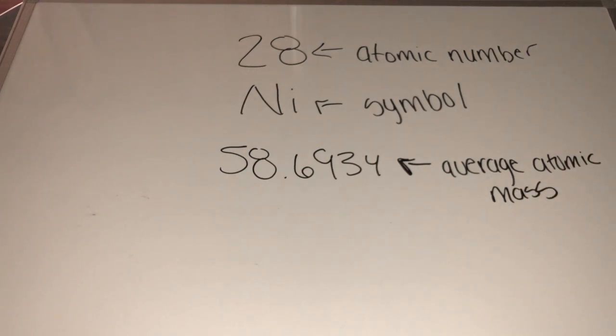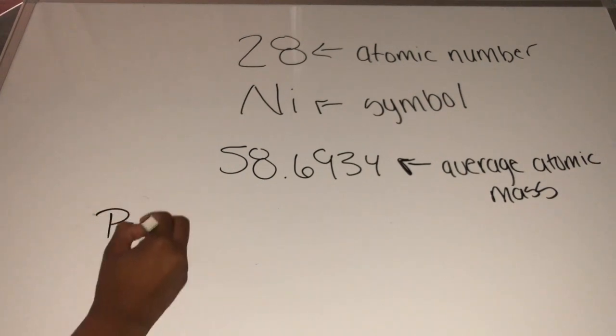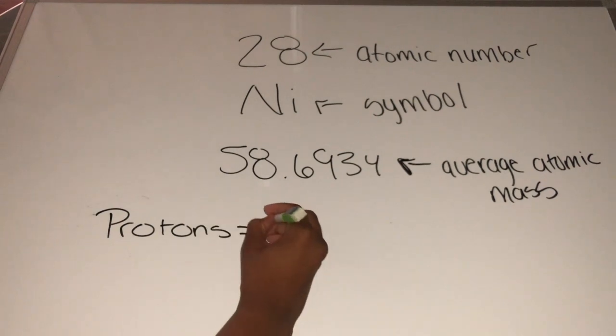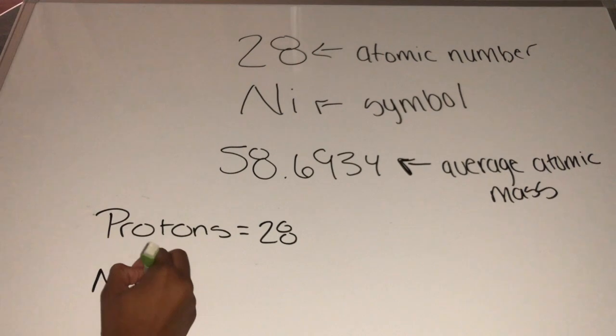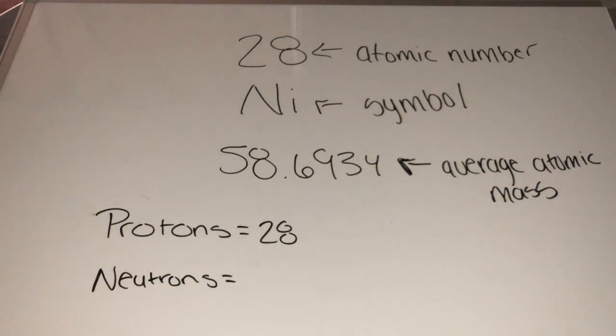Okay, so now we want to find protons. So remember what I said, our protons are always our atomic number. So it's 28. Our neutrons are the atomic mass subtracted by the atomic number. So in that case, it will be 31.